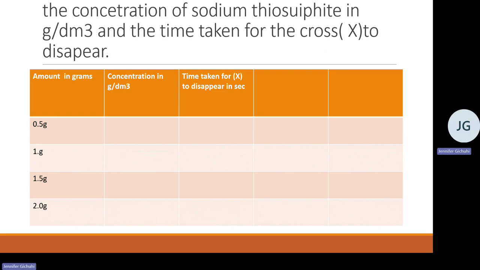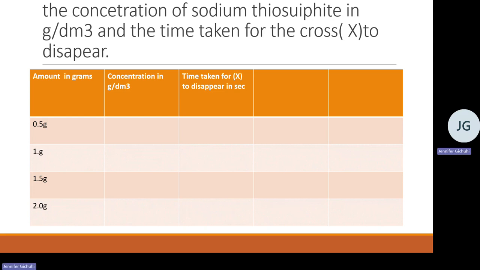So below is a table that I want you to fill. And the table has clearly shown you the masses of the sodium thiosulfate, 0.5, 1.0, 1.5, and 2.0 grams. It has given you a column where you are now supposed to calculate the concentration of the sodium thiosulfate in grams per dm cubed.